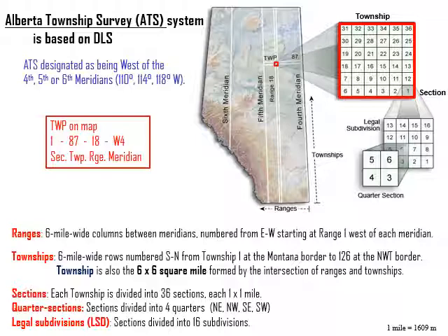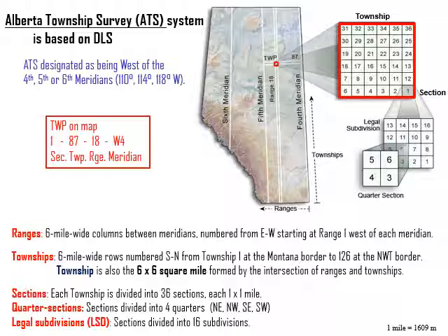The Alberta Township Survey is designated as being west of particular meridians, so the 4th, the 5th, and the 6th, as you also saw on the bigger Dominion map. And the township and the section and the quarter section and the legal subdivision system is the same as I indicated before.